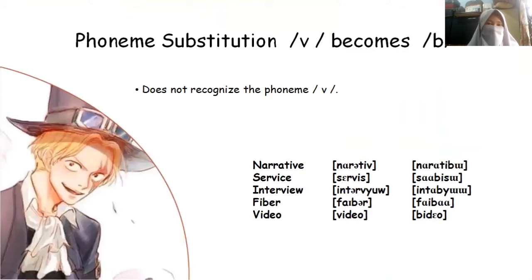Next, the substitution V becomes B because the Japanese phonological system doesn't recognize the phoneme V. So for example, in English we say narrative, service, but in Japanese we say narrative, service with B, etc.